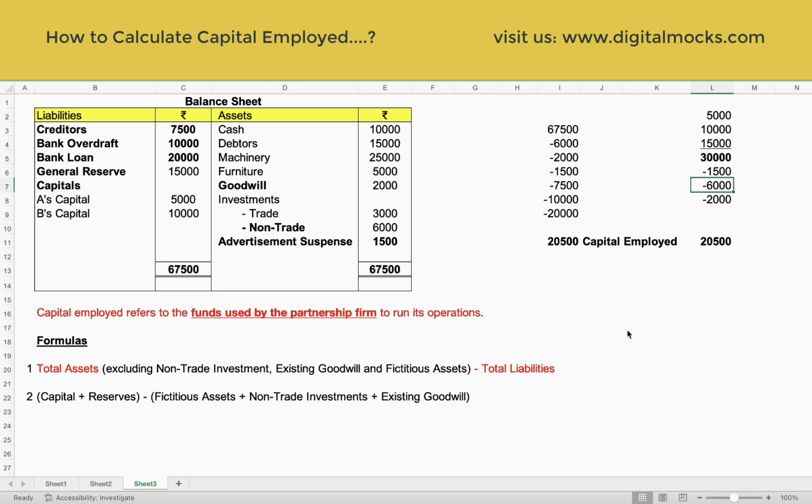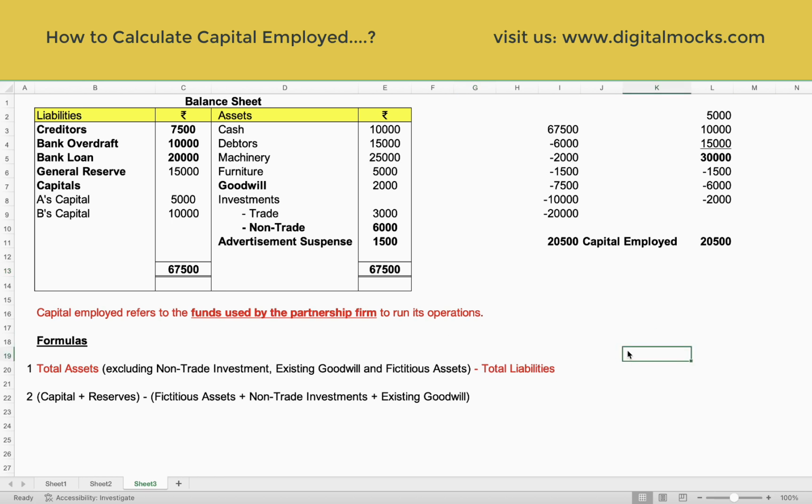The firm is not using that money. We have invested in the firm initially, but out of that investment rupees 6,000 we have taken out and invested in some other business. It means that 6,000 is not invested in the firm, it is invested in someone else's company, right? The firm is not using that money. So that's why non-trade investment is not part of capital employed.